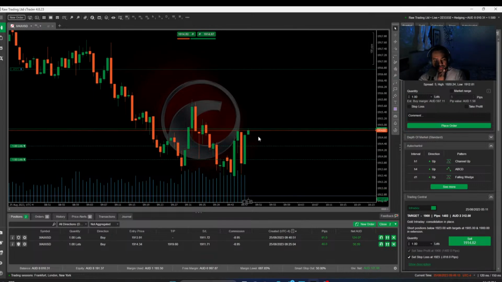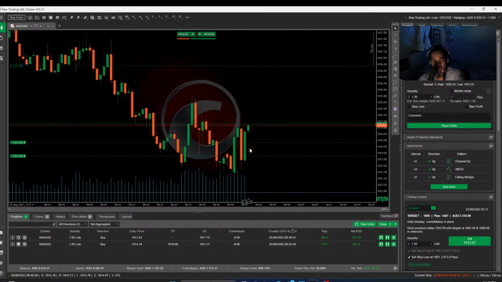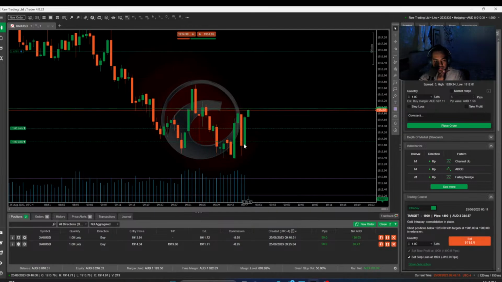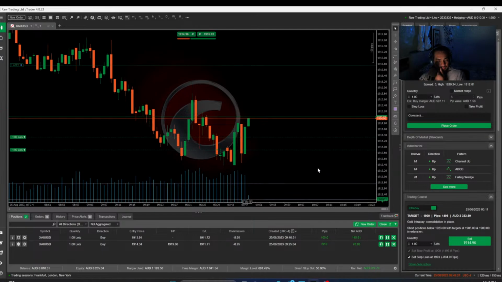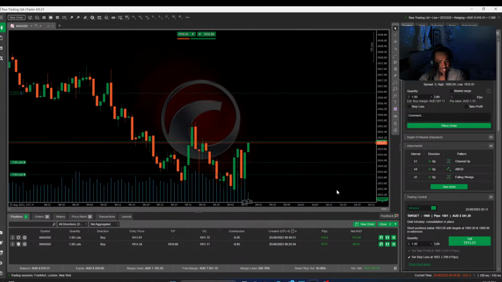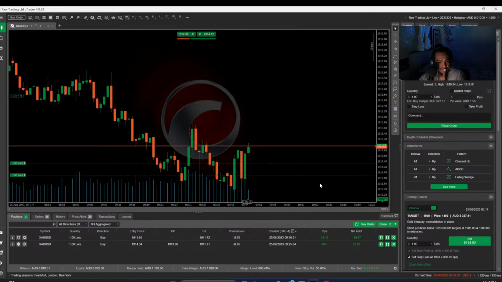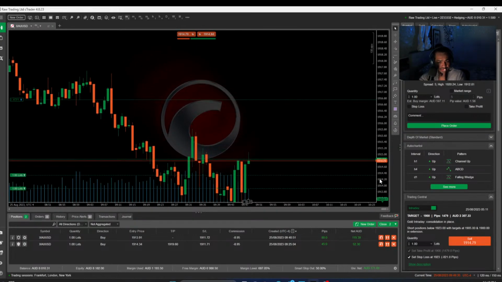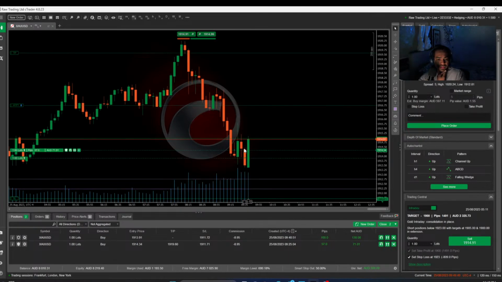So yeah, the price broke this high. So it's trying to make a higher low, higher high. So yeah, the 5 minute candle's gonna close bullish.